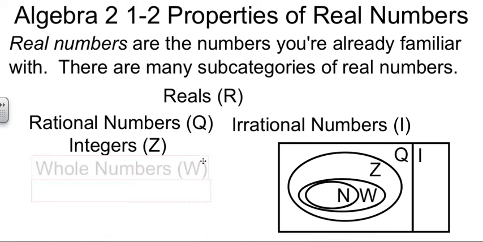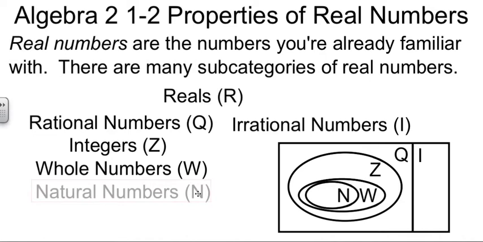Inside integers, you have whole numbers, W. Integers are positive and negative whole numbers, -2, -1, 0, 1, 2, etc. Whole numbers are 0 and the positives, 0, 1, 2, 3, 4, 5. And then there's natural numbers, which we use the letter N for.